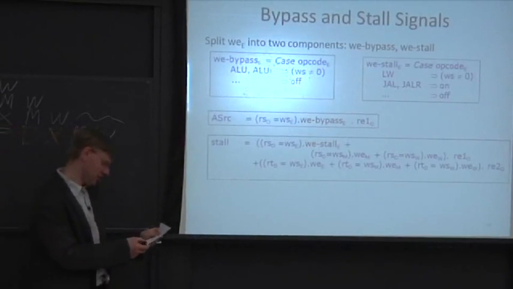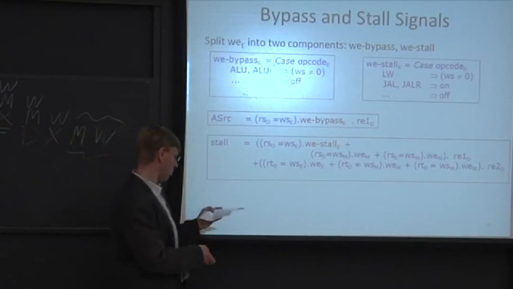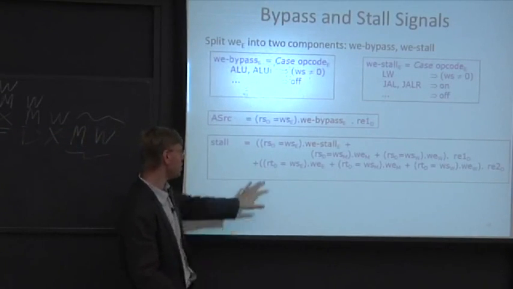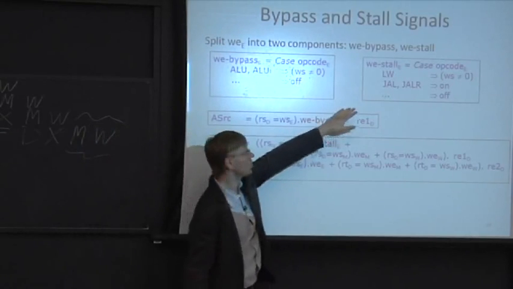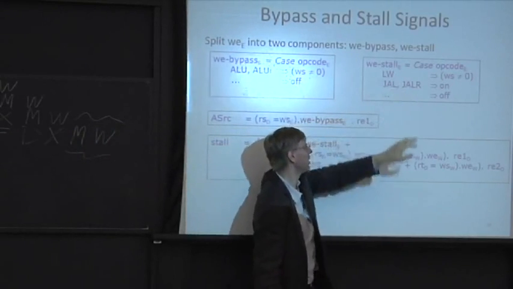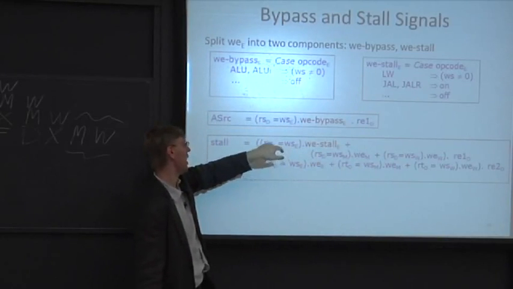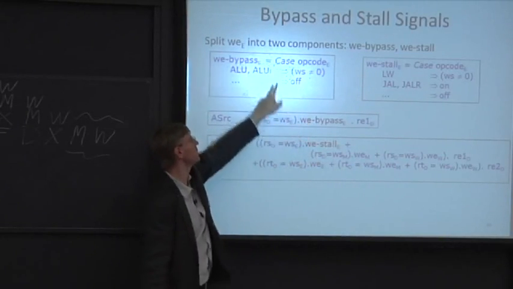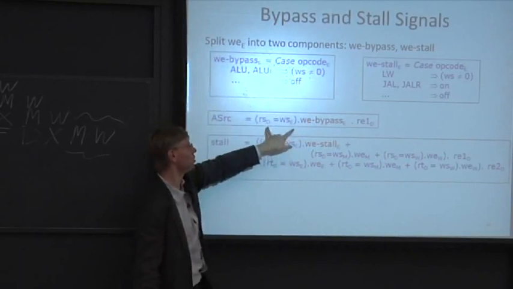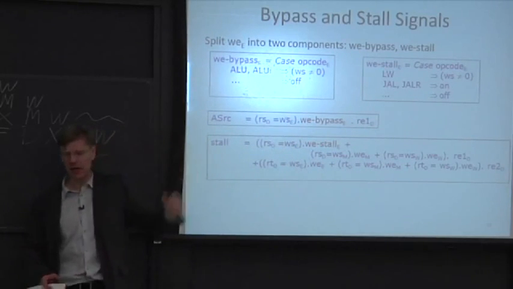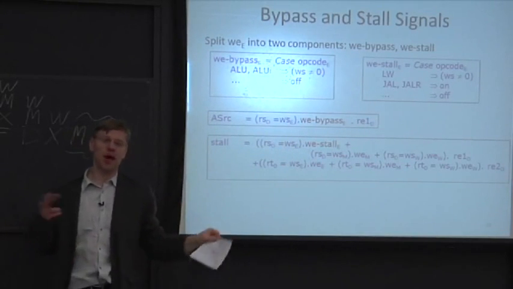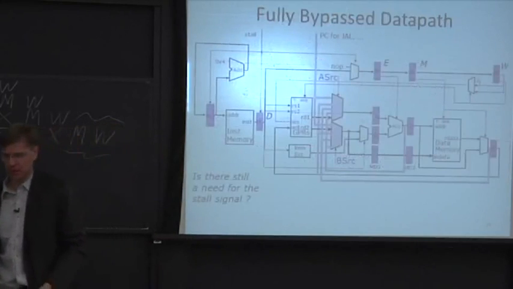OK, so what we're going to notice here is our loads and jump and link registers and jump and links are going to stall when we have a match on the registers, and something like ALU instructions generating write enable bypass is going to not stall and use the bypass of the forwarding logic.